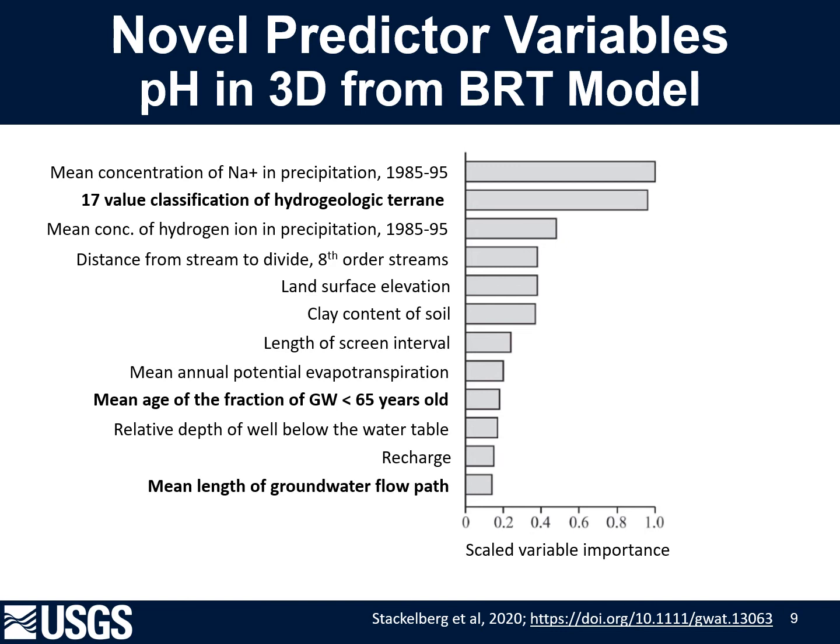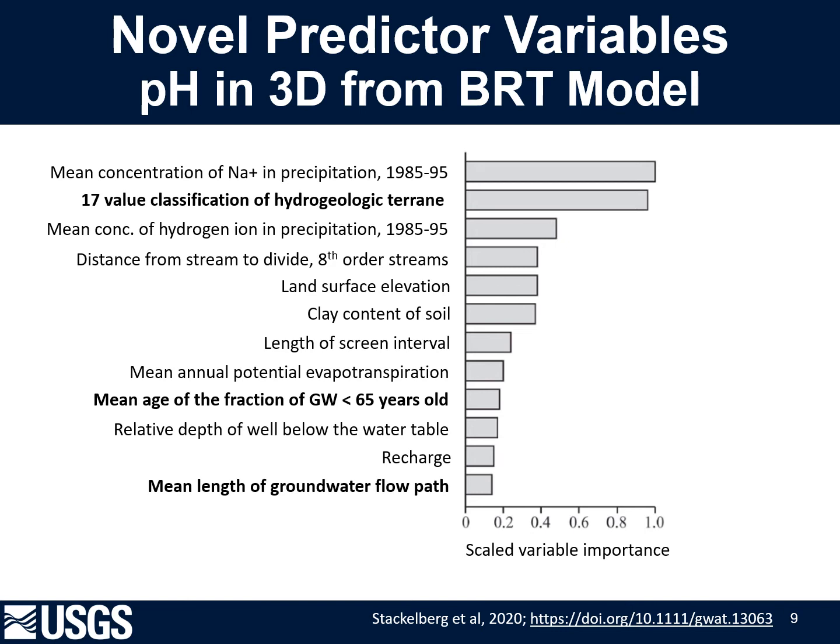And you might remember that captures differences in parts of the aquifer according to thickness and texture and mode of deposition. So it makes sense that the geology is important in terms of pH distribution.